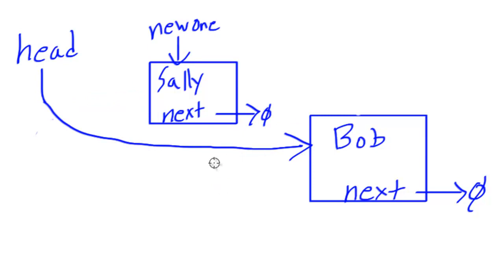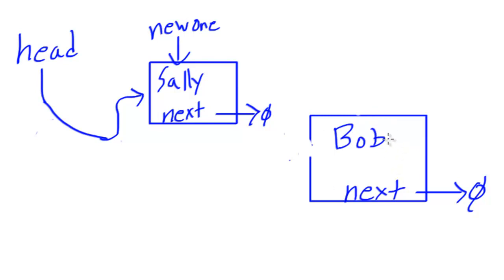So if we tried to take our head pointer here and set it to new one before we set new one's next, we'd end up in this situation here. So I'm going to take head's pointer and now set it to new one. And now we don't have any ability to get to this node here. So if we try to set new one's next to something, it's like, well, what do we set it to? Well, Bob is not being referenced by anything.